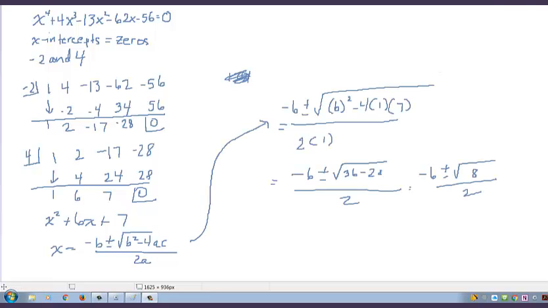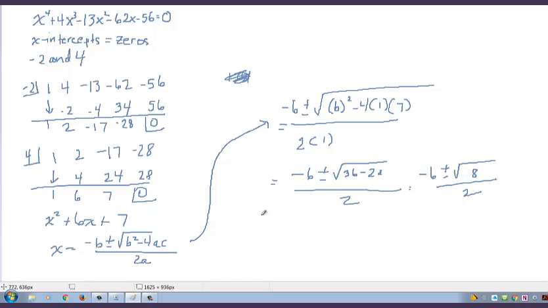I paused the video a little bit and just filled this in. I put everything in. Here is the 6 for B. 6 squared minus 4 times A times C. A is 1, C is 7. So we end up getting 36 minus 28 under the radical, which gives us 8.